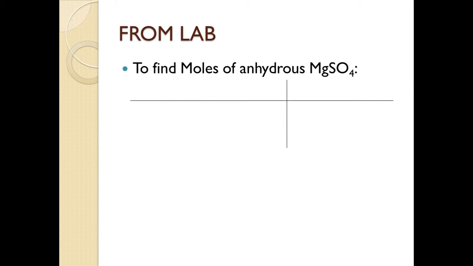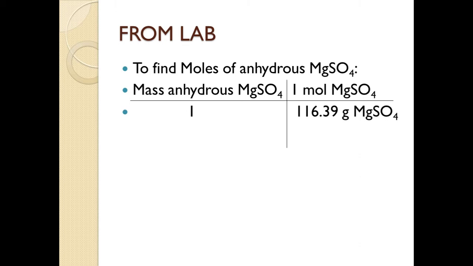So in order to find the moles of anhydrous MgSO4 from your lab, you can set up your factor label box. The molar mass for MgSO4 is 116.39 grams. Whatever mass you measured of anhydrous MgSO4 after heating would go in the top left over 1, and then you can find the molar mass of anhydrous MgSO4.